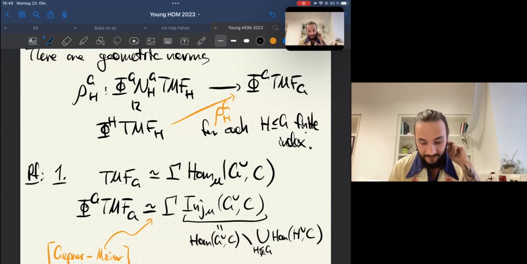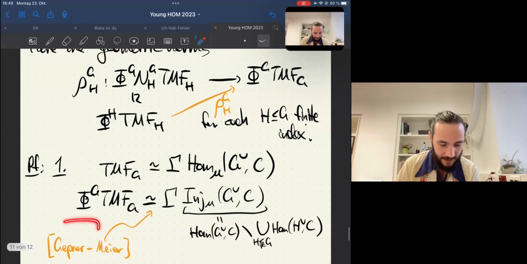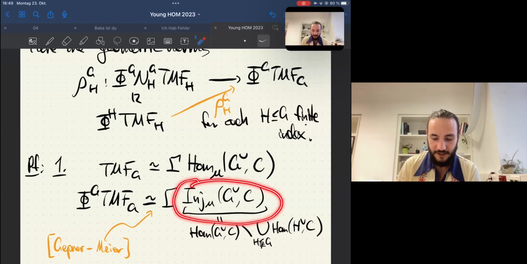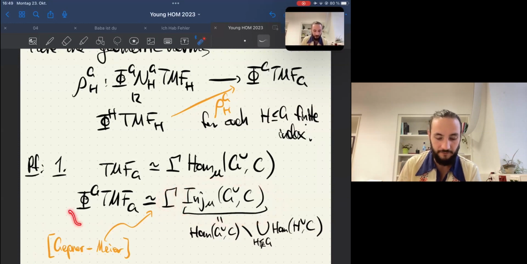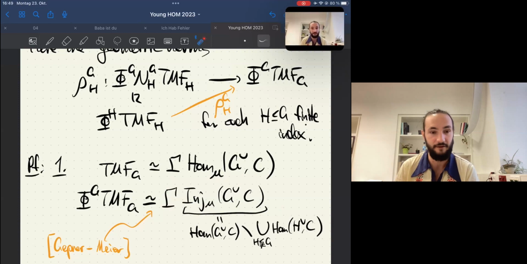Like this. And this is what I would define as the Inj stack. And then it's a result of Gepner-Meyer in some upcoming work that this algebraic geometric object and its global sections are a model for the geometric fixed points of this equivariant theory.